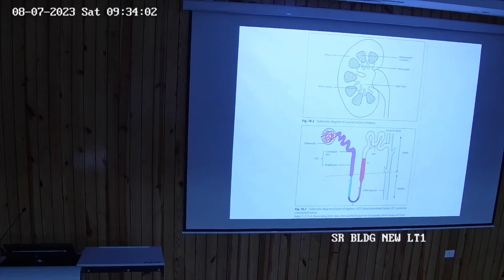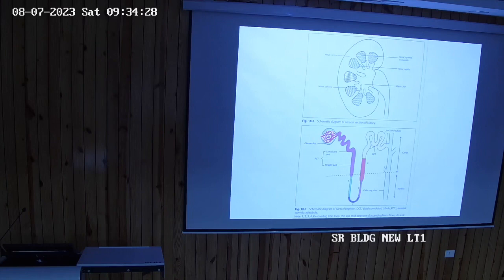And the stimulated JG cells act over angiotensinogen. Where does angiotensinogen come from? You have read in physiology. From the liver.